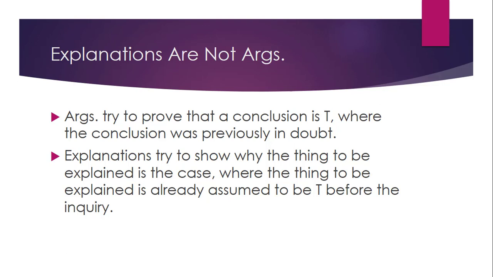Whether someone is guilty or not is in doubt, and lawyers on both sides are trying to prove their own conclusion is true by providing reasons and evidence, right? So the end thing in an argument, namely the conclusion, has to be proven true. There needs to be evidence for it.